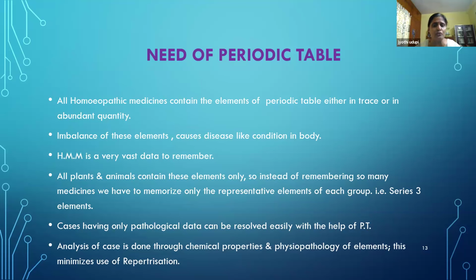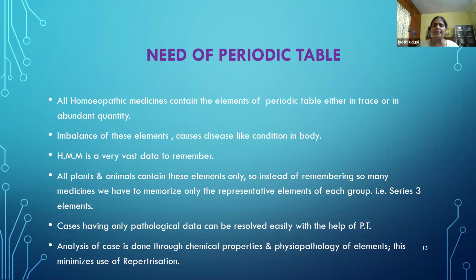Because we only knew keynotes and symptomatology, and there are so many drugs in our materia medica, we didn't know how to place them and what to do. So this periodic table helped us a lot. All plants and animals contain these elements only.